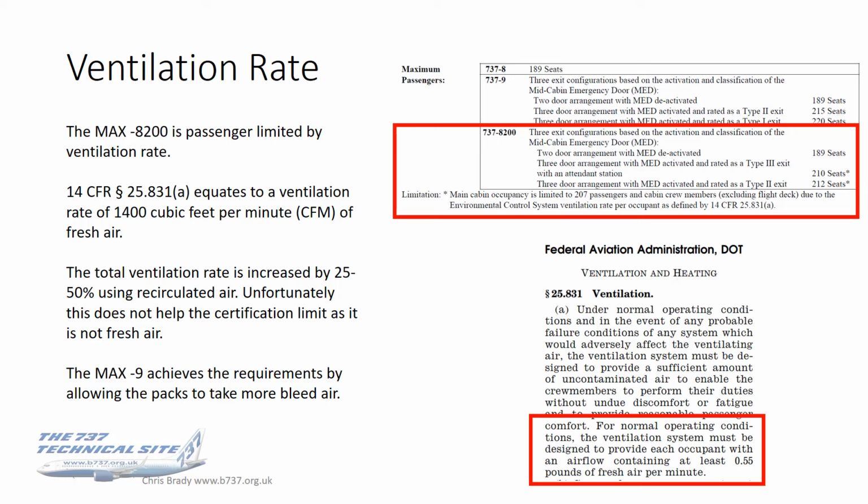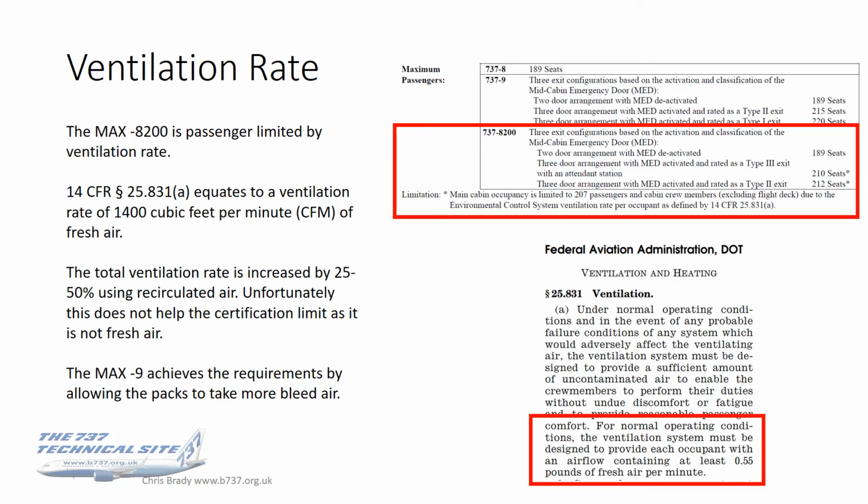Okay, so let me have a quick word with you about ventilation rates, and this is actually quite topical. In the last week in March, the MAX 8200 was certified by the FAA, and the document that was issued was the type certificate data sheet, and that's a public document. You can go search for it, or you can find it on my website.